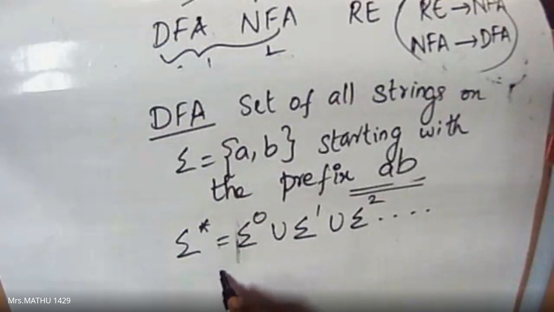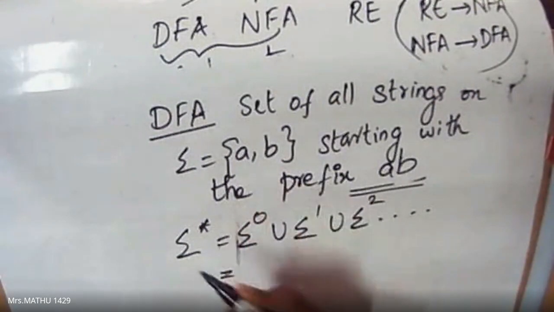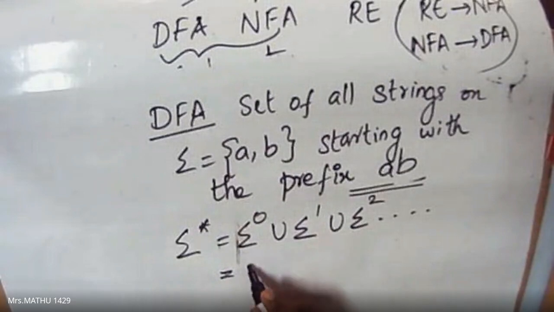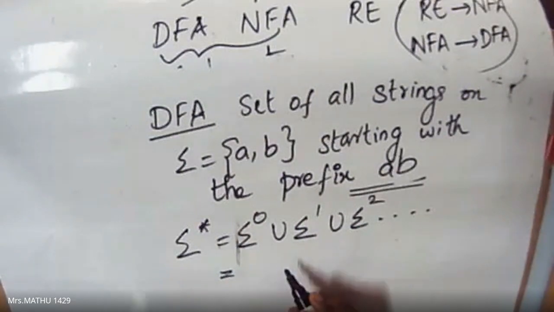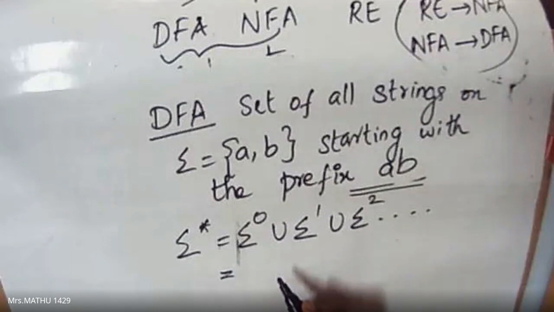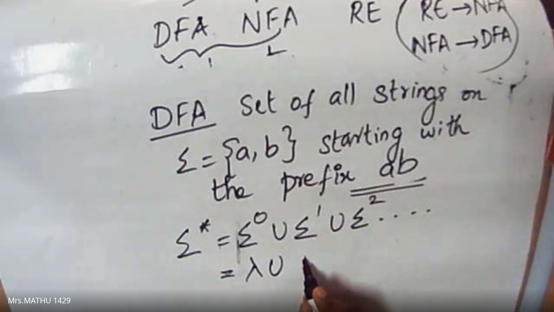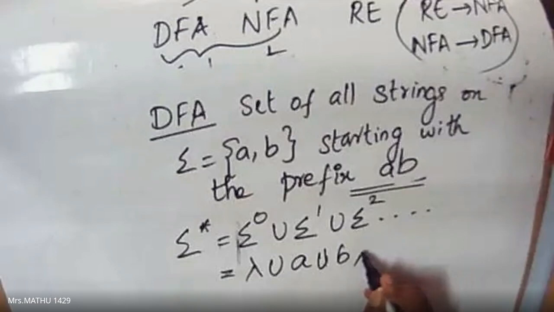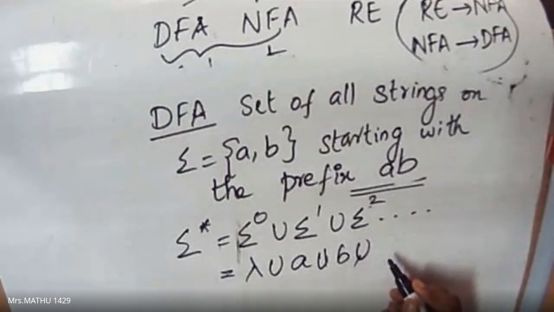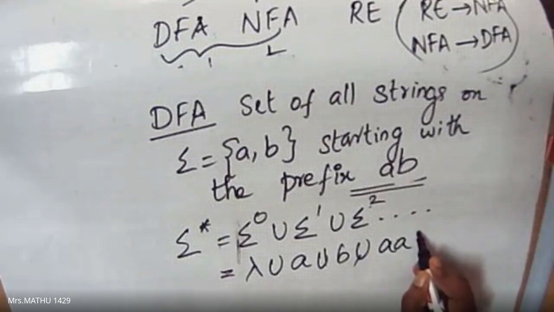So you can apply the alphabet any number of times. If it is applied 0 times, then it will have lambda, and then union, if applied only one time, you will have A alone, then B alone. If it is 2 times repeating, then the strings of length 2 will be included.